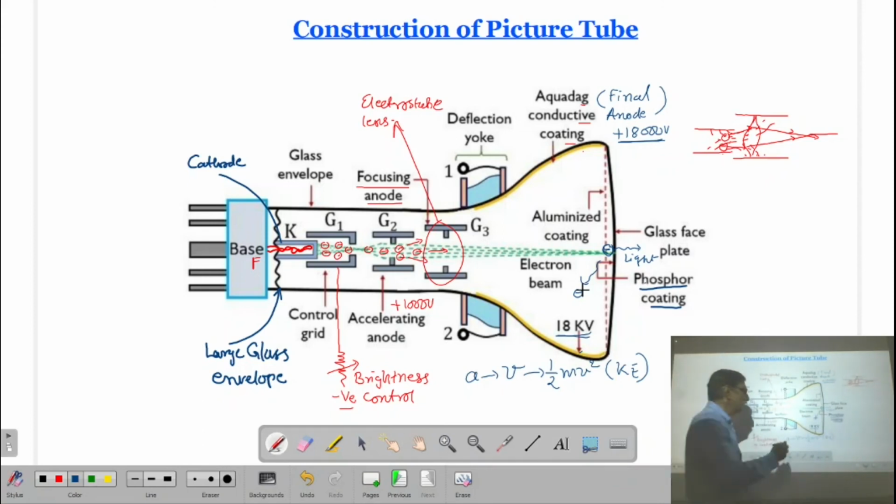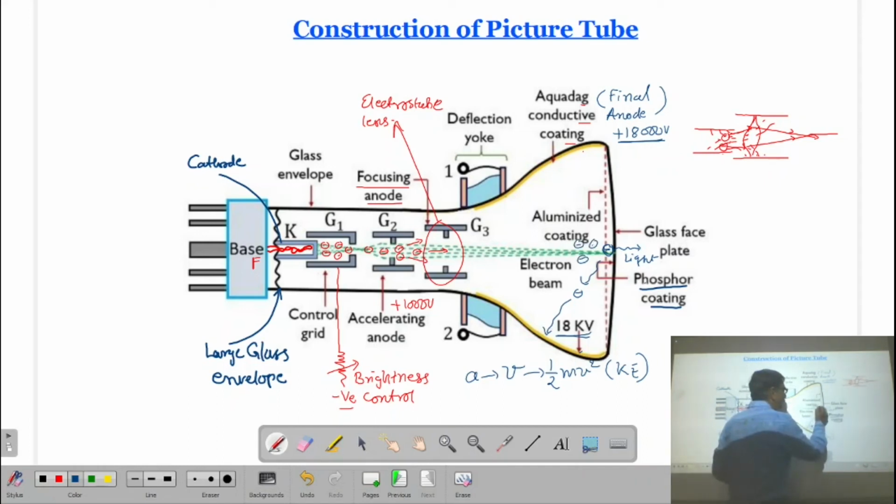These secondary electrons are going to be collected by this coating, because it is at very high potential. So another purpose of this coating is to collect the secondary electrons. If the secondary electrons are not collected, they will accumulate near the screen. Due to this, the electron beam is going to be obstructed.